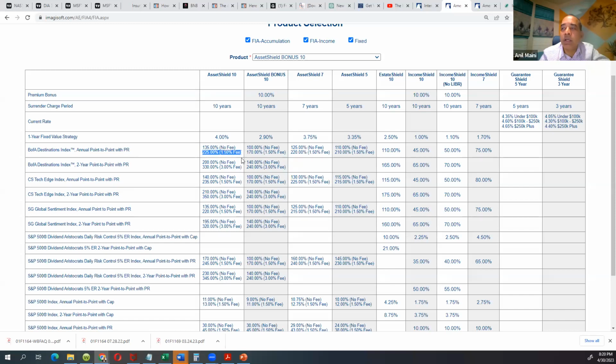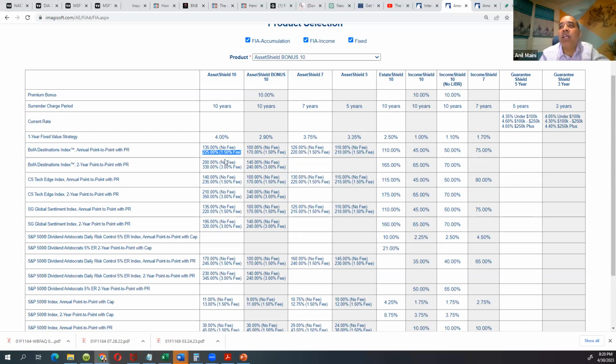So this is really good. For illustration purposes, most of the time I personally choose the one with the fee, because you see that the difference is huge. You make almost double the money just by paying a 1.5% fee. Okay, but if the market goes down, you are still charged the fee. That is the only drawback. But in the long run, it will make up.